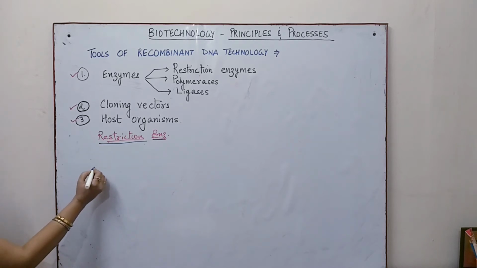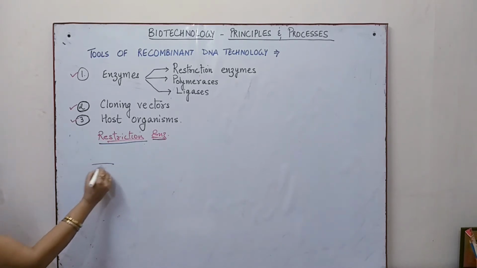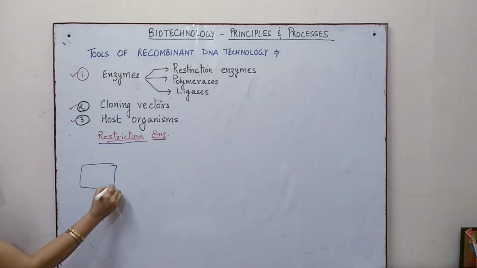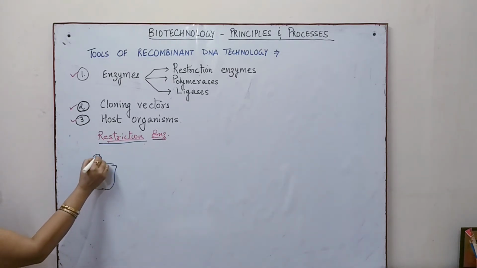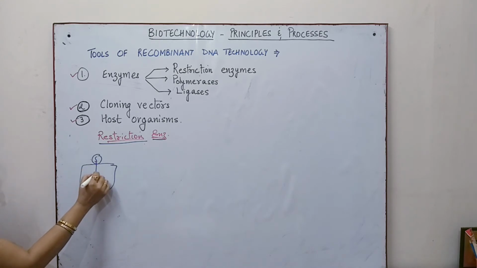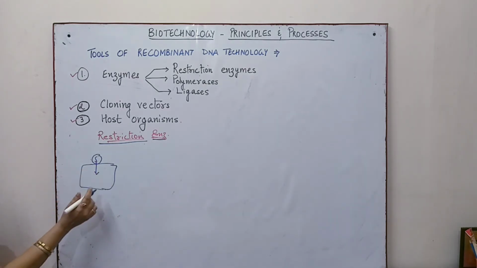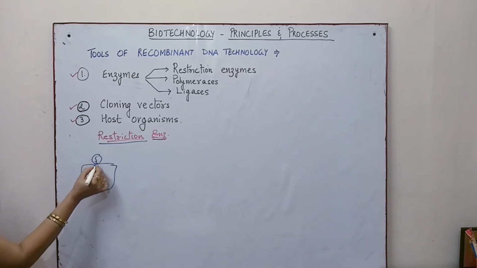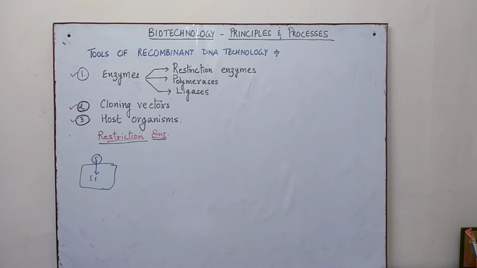So a bacterium which gets infected by the viral DNA, this virus will inject its DNA into the bacterial cell, and if this viral DNA multiplies, it will cause infection.